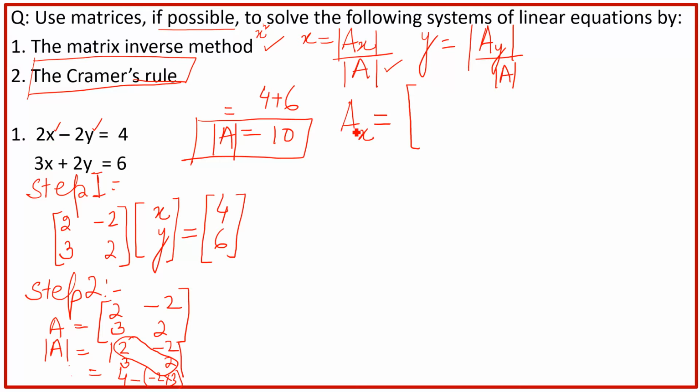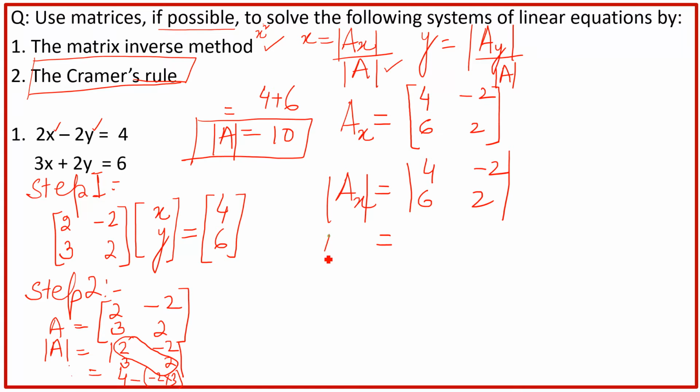If we are calculating A_x, then instead of these x coefficients, we will write down 4 and 6, these constant values, and these two, -2 and 2, will remain the same. We made one matrix. But here in the formula, we have to take the determinant. So A_x, just convert this, and then we take the determinant of A_x.